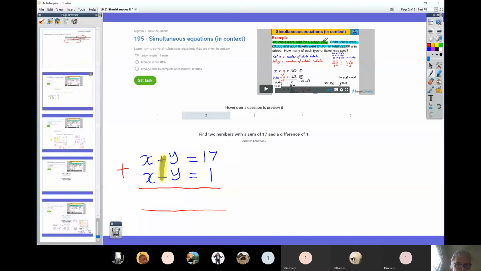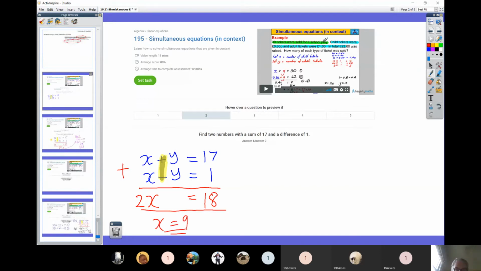Now y added together with a minus y, so y take away y is nothing. We've got rid of y, which is exactly what we wanted to do. So the y's gone, and then 17 add 1 is 18. So 2x equals 18. Dividing both sides by 2, we can see that x equals 9.